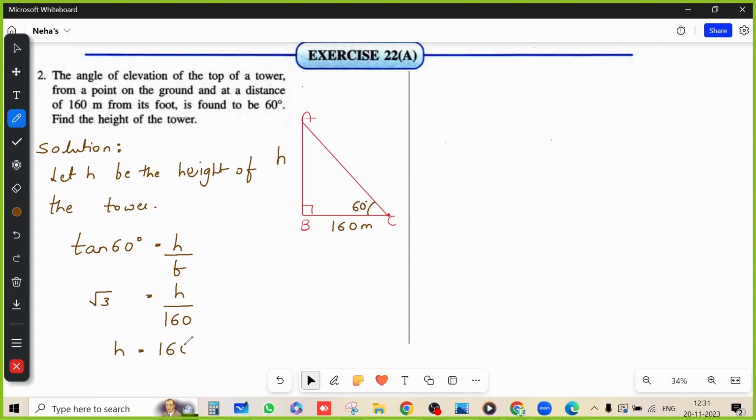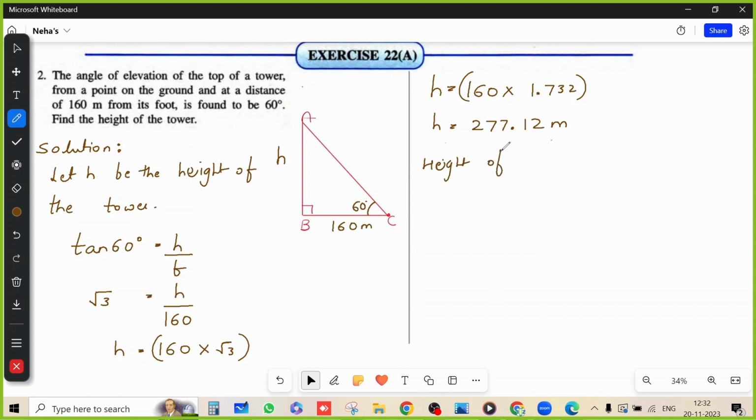This becomes 160 into root 3. Now we know the value of root 3 is 1.732. So we put that value here, and this will become 277.12 meter. So the height of the tower in this question is equal to 277.12 meters.